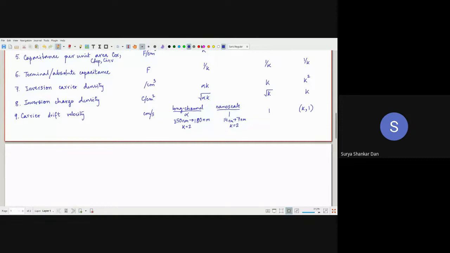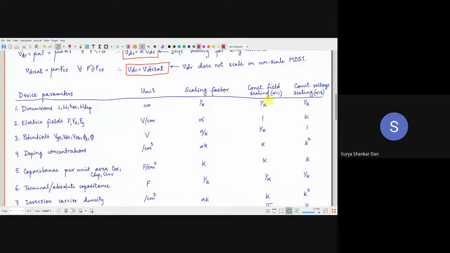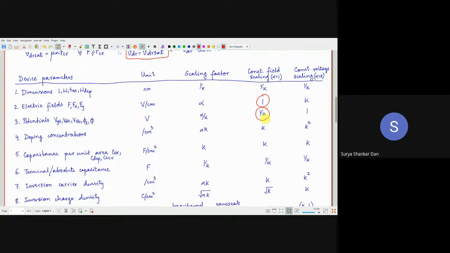Whereas the benefits are, if you are dealing with the constant field scaling, as we have already seen, the advantage is great, this is good, the potential is reduced. Then the electric field remains the same, so the reliability remains intact in the scaled devices.